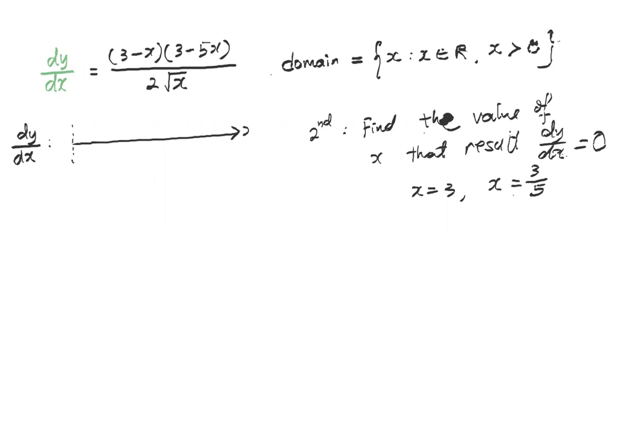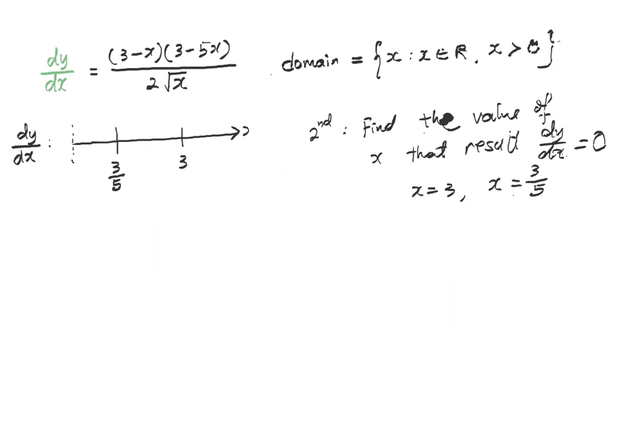Am I right? So now you mark 3 over 5 and 3 here. No need, just mark it. These two values of x that make dy/dx equal to 0 divide the domain into 3 regions. So now we have to test the sign.